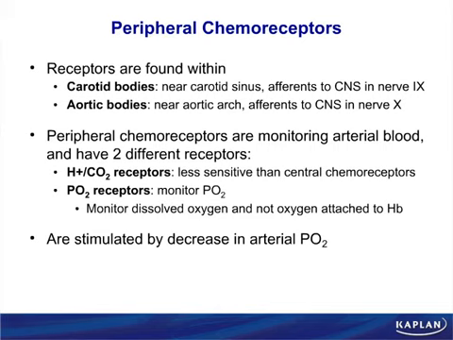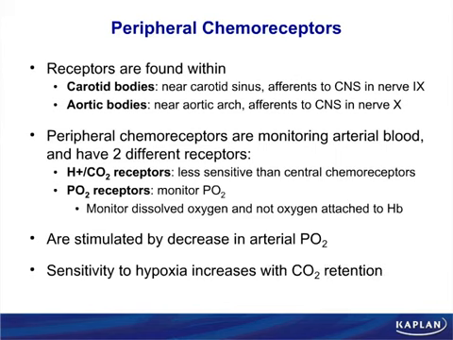So these will respond to hypoxemia or hypoxia, low arterial PO2, particularly if we have CO2 retention. The bottom line, we are monitoring oxygenation of the blood with peripheral chemoreceptors. Again, they respond to a drop in arterial PO2. They also respond to hydrogen and CO2.